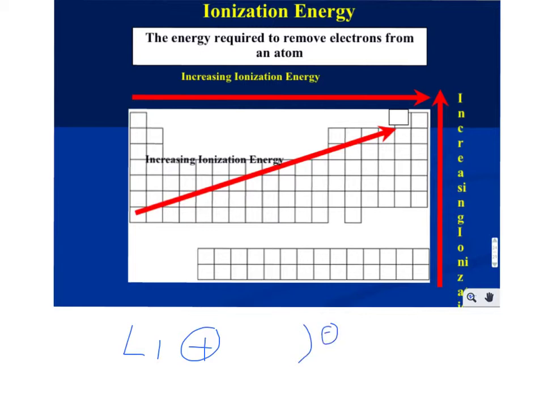It's going to be pretty easy to just remove that electron because you only have 1 of them, right? However, if you're looking at, say, fluorine, which is actually the most energy required to remove it, I have 7 electrons, right? It's going to be really difficult to remove all 7 electrons. It's a lot easier just to remove 1 than 7. So for this one, just think about the smaller number.